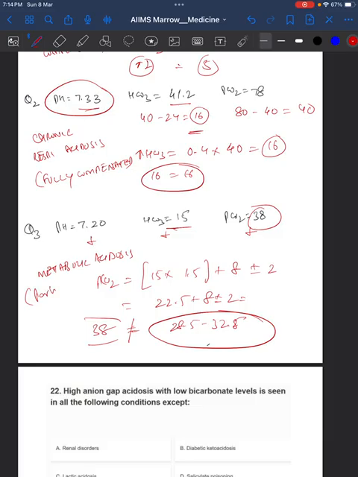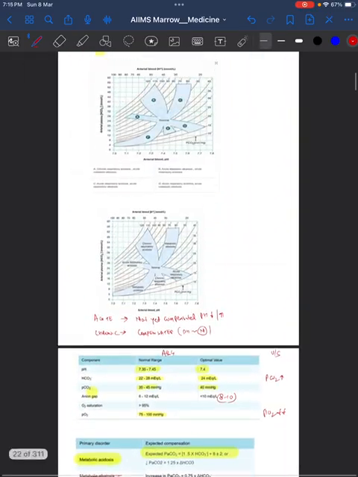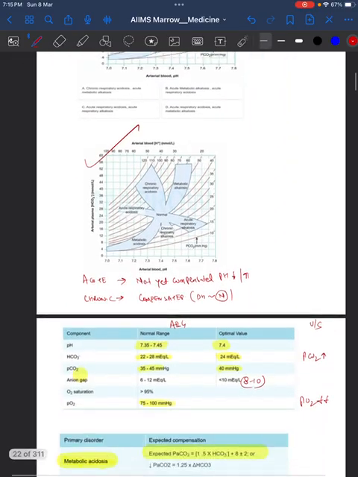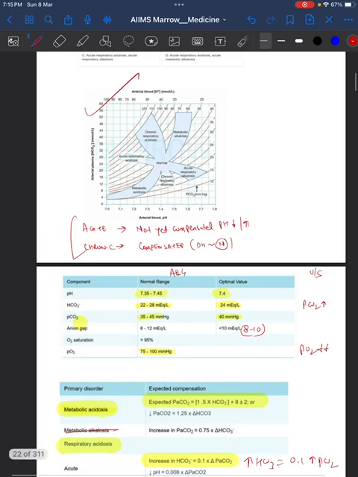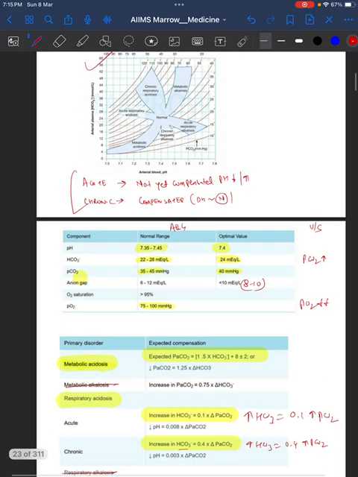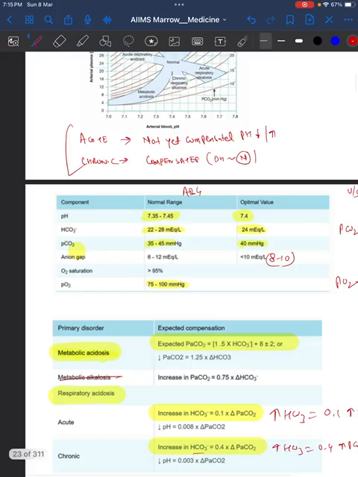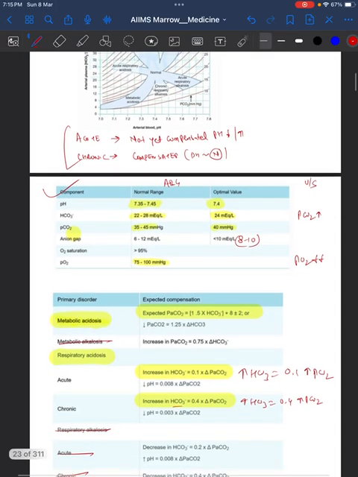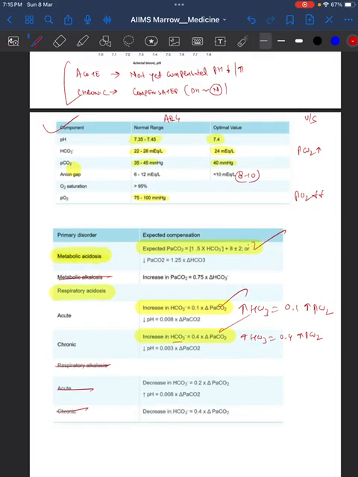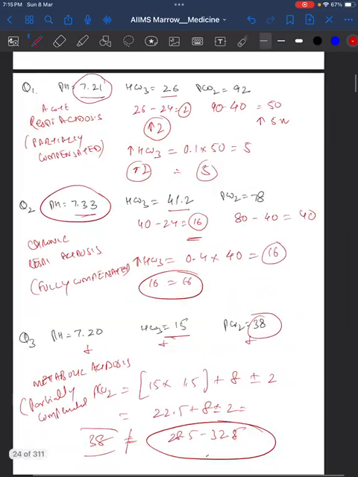This is metabolic acidosis with partial compensation. So that's it. The thing that you need to know in this is this graph: in acute, the pH will still be in the higher or lower range, and chronic is compensated. Then the normal table values and these three formulas. That's it.